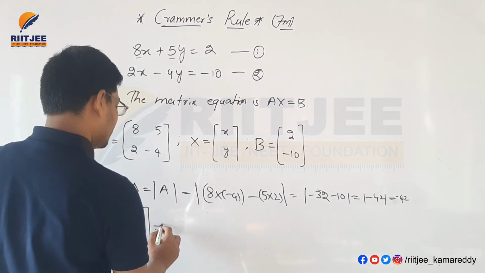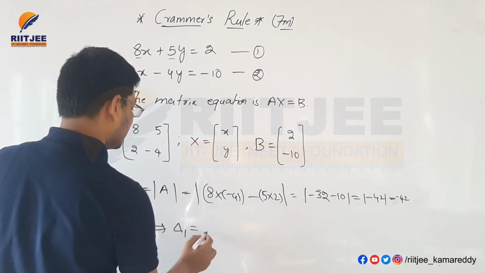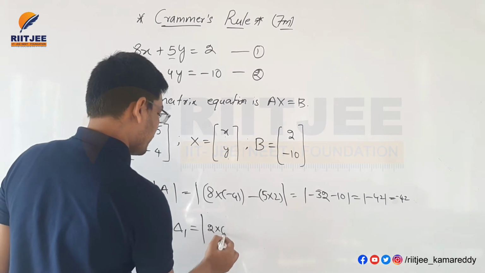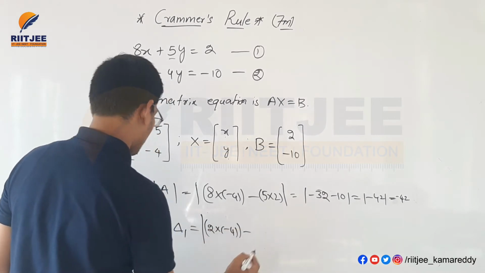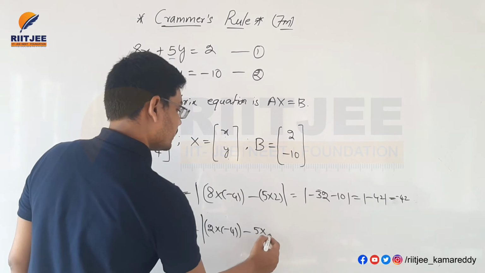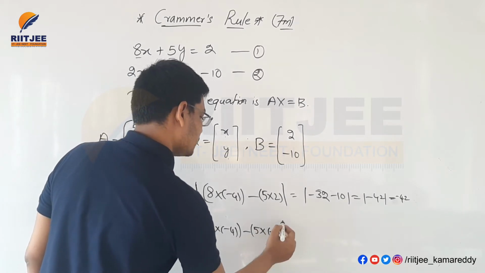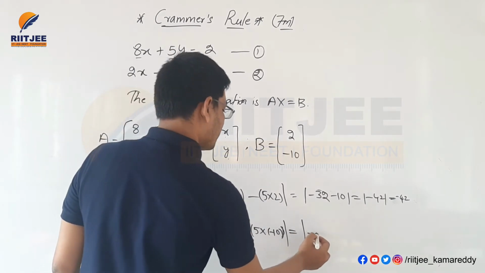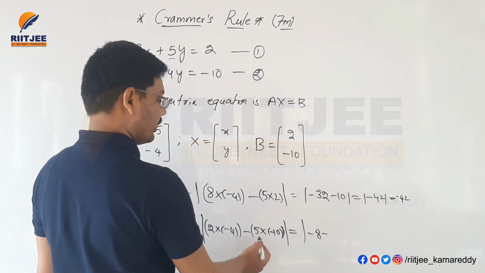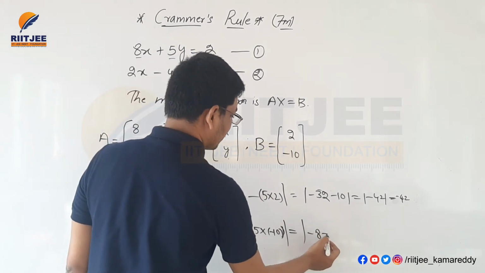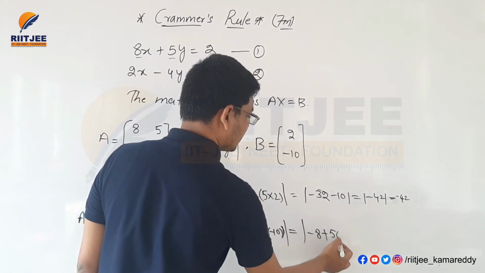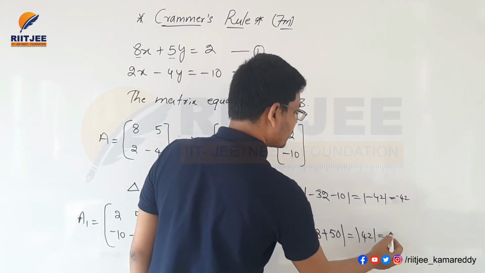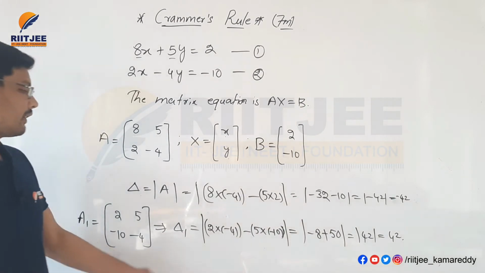Its determinant is called delta 1. 2 into minus 4 is minus 8, minus 5 into minus 10, which becomes minus minus 50, that is plus 50. That is equal to plus 42. This is the value of delta 1.